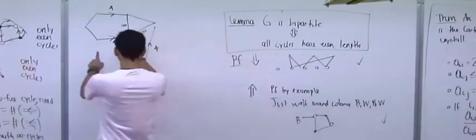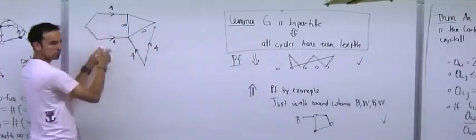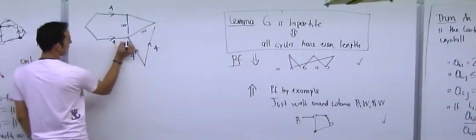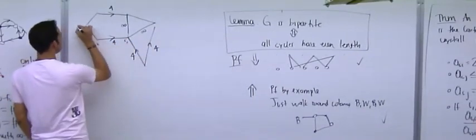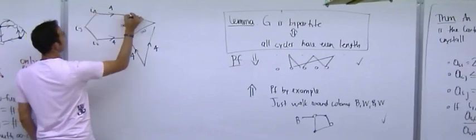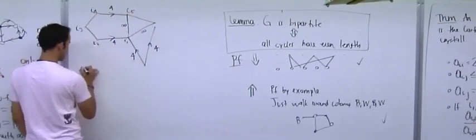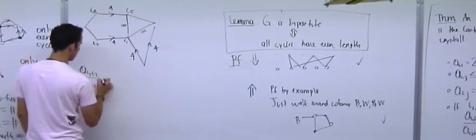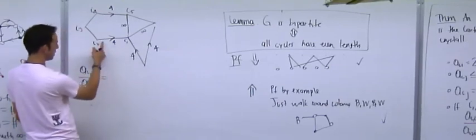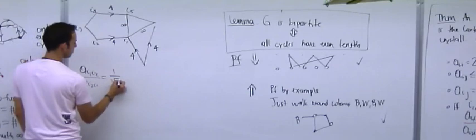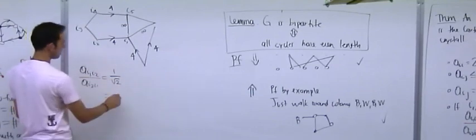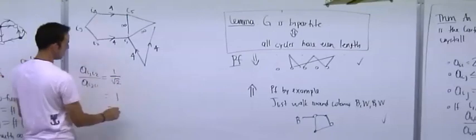So, for example, I go around this cycle, okay? So what do I get? Let's say i1, i2, i3, i4, i5. So a_{i1,i2} divided by a_{i2,i1} is going to be 1 over square root of 2. Right? Then the next one is 1. The next one is 1.